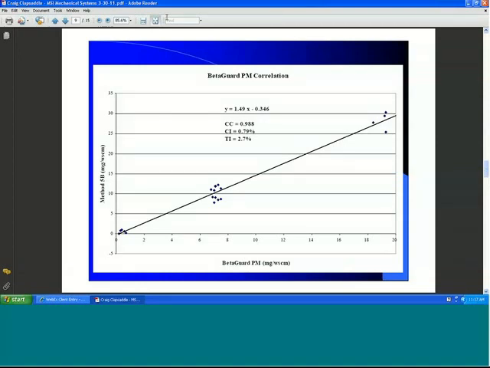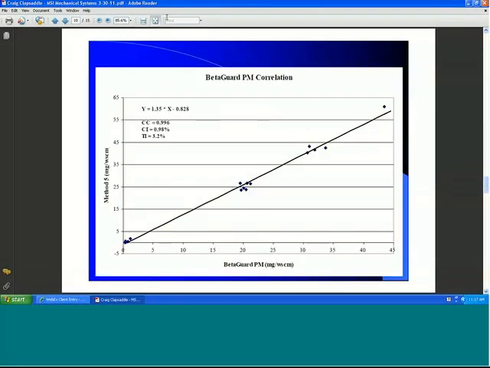We showed the confidence coefficient, 0.988, has to be greater than 0.85. The confidence interval is 0.79 in this example. That has to be less than 10%. And the tolerance interval in this example was 2.7%, and that has to be less than 25%. So this installation met all of the PS11 requirements.